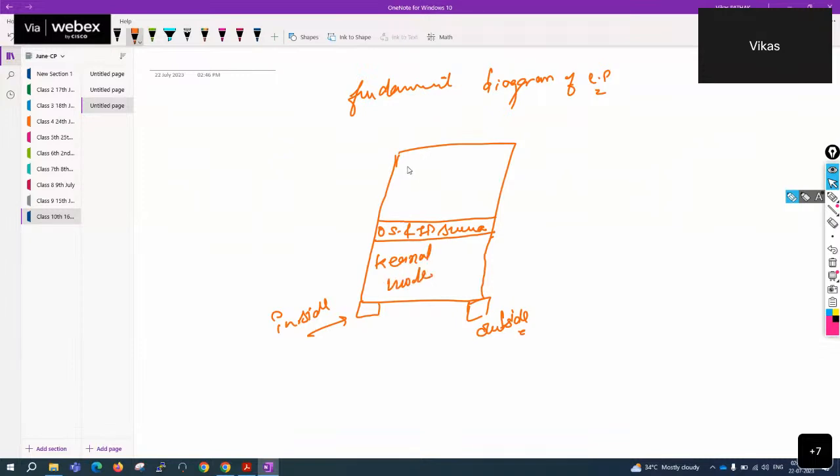And the above part of your firewall is called user mode. This is kernel mode and this is user mode. In between, you have the operating system and IP stack, right? Now, what happens whenever traffic comes? It will come like this and it will enter your kernel mode.